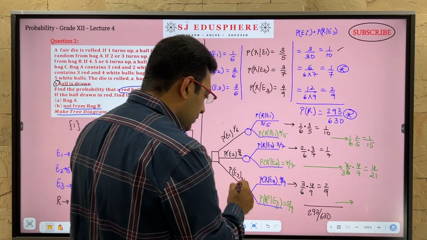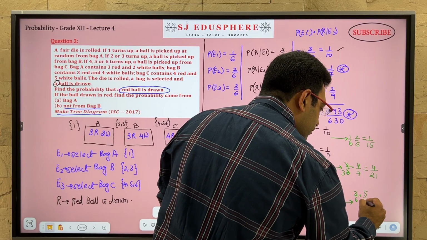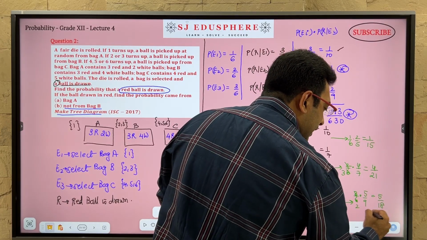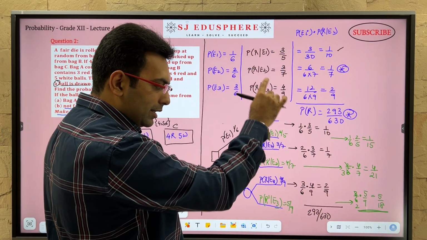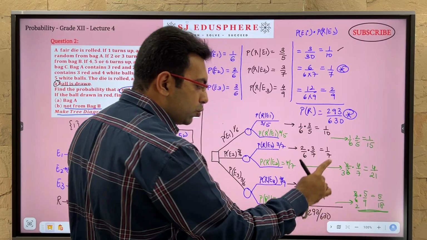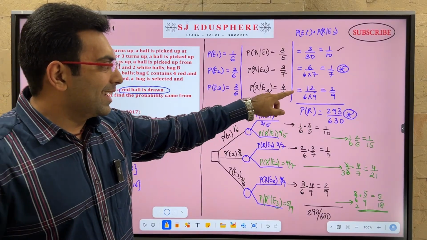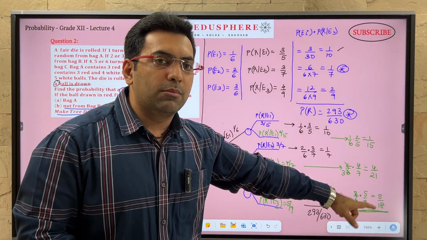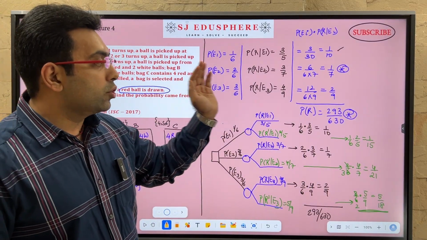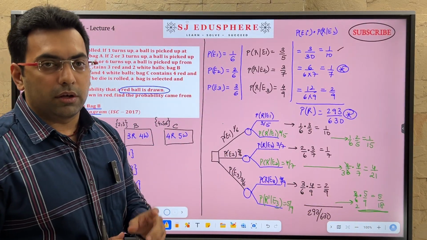And 3 by 6 into 5 by 9 will give you over here 5 by 18. Students, note this value down will add up to 1 minus 293 by 630. Why so? Because you will either get a red ball or you get a white ball. So if my question says, given that the ball was non-red, it came from bag 1, so we are talking about this total over here.